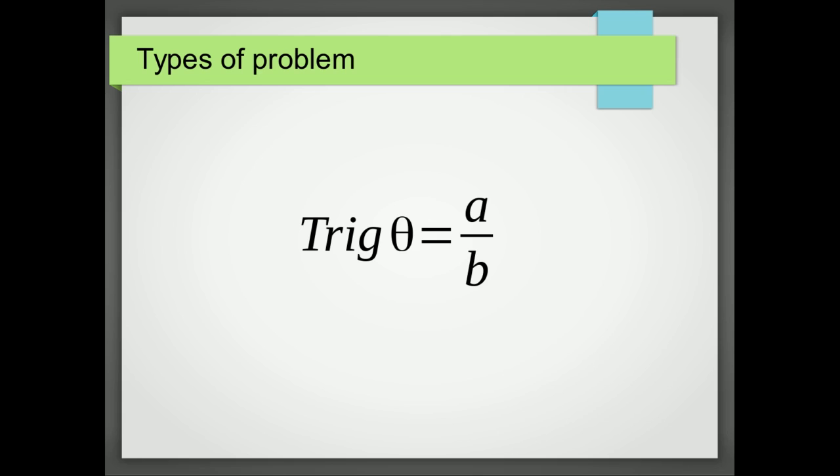What is important is, are we finding the angle, the numerator, or the denominator? We will treat the ones where we're finding the numerator as type 1, the denominator as type 2, and the angle as type 3.